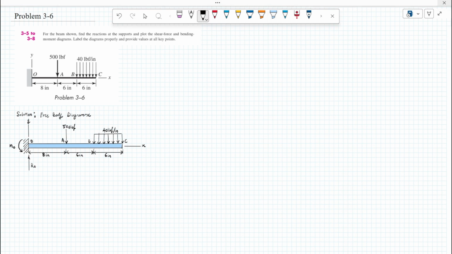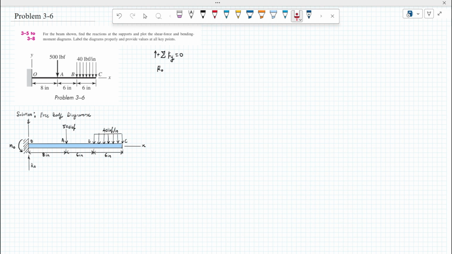So we're going to solve for this free body diagram. We assume that going upwards in the Y direction is positive, and we sum all of the components of forces in the Y direction. First, RO is going up, so it is positive.